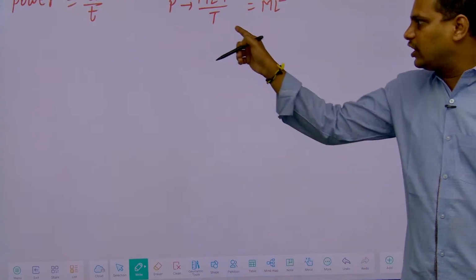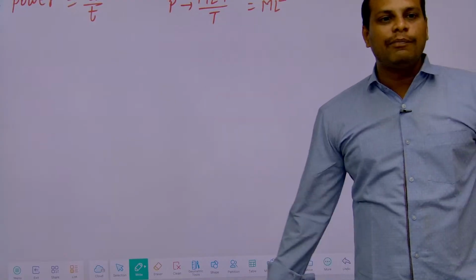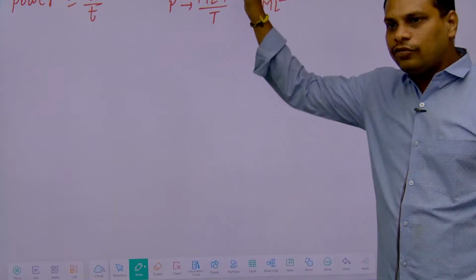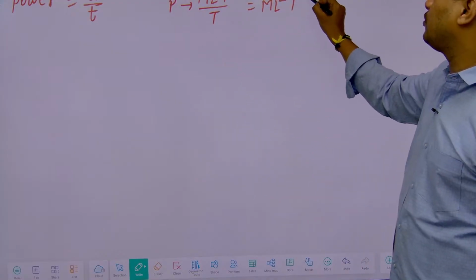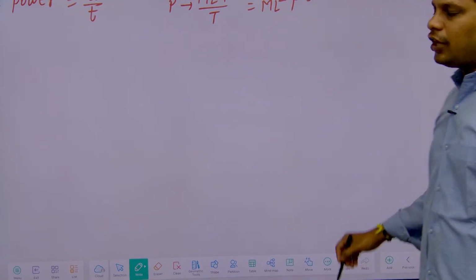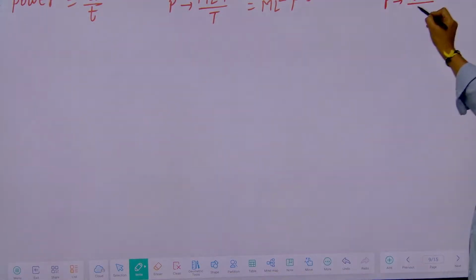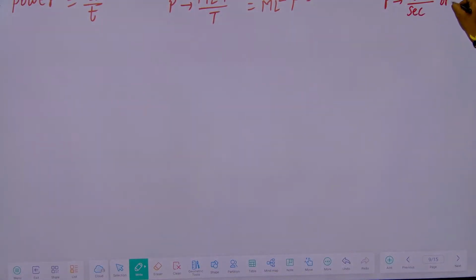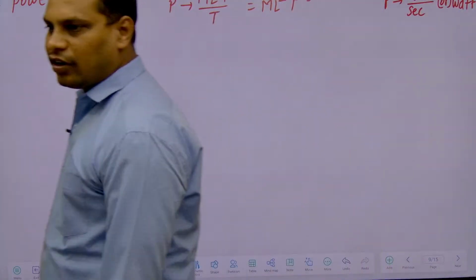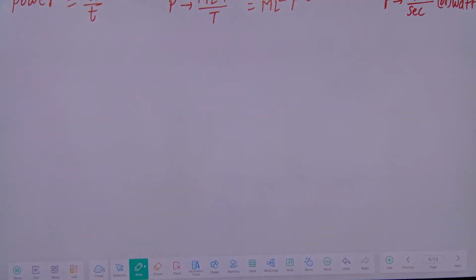If this T goes to numerator, again T power minus 1. Minus 2 minus 1 is minus 3. Then the unit of power will be joule, work done unit, by time unit, second. Joule per second, or also called watt. So just note it down. Shall I give the next things?